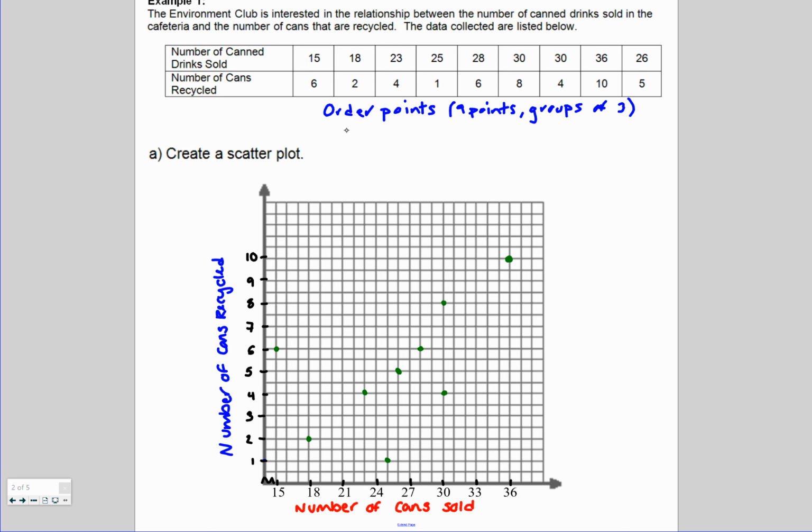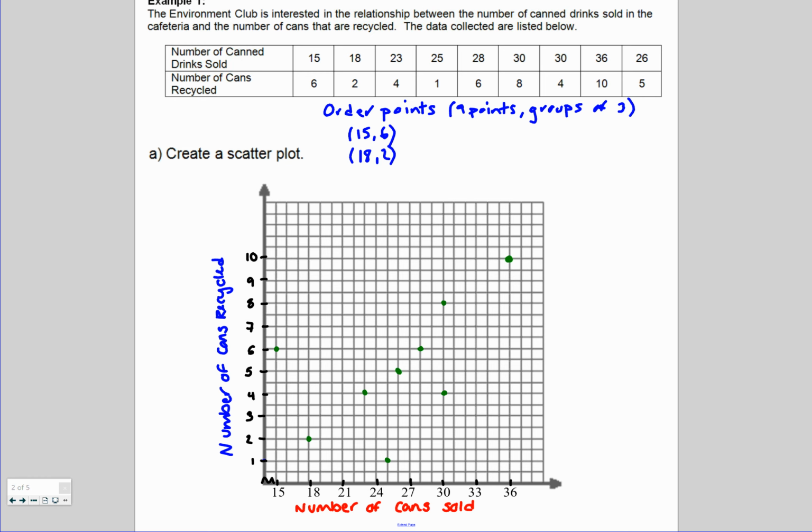So the first one would be, so go by axis, 15 and 6. Be careful, my x's aren't all in order, so you'll see that one's off. Then I have 18 and 2.